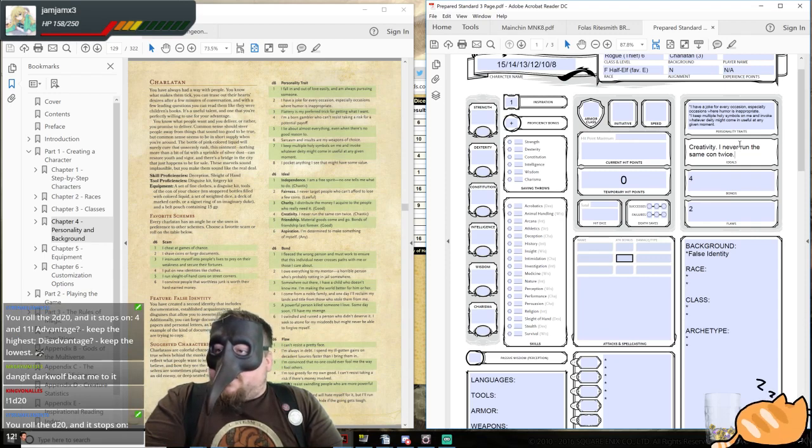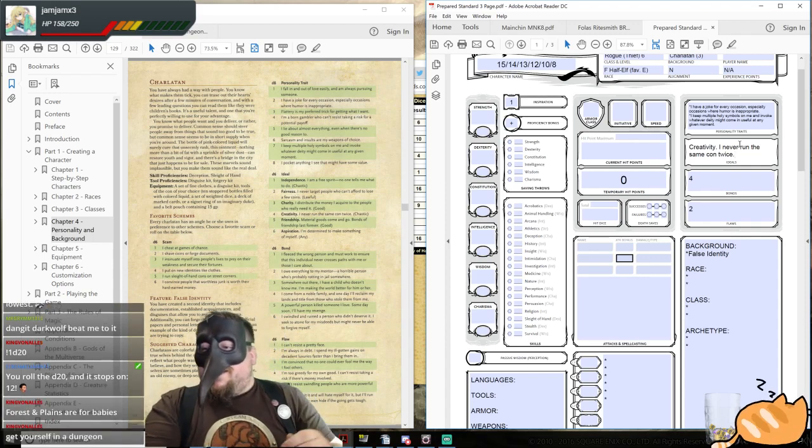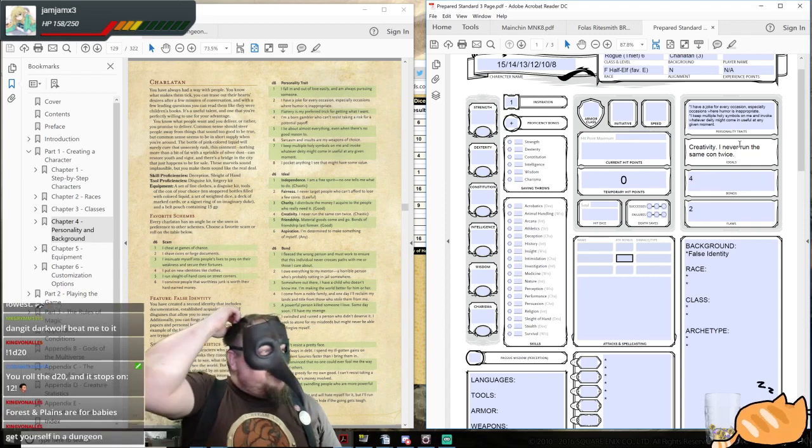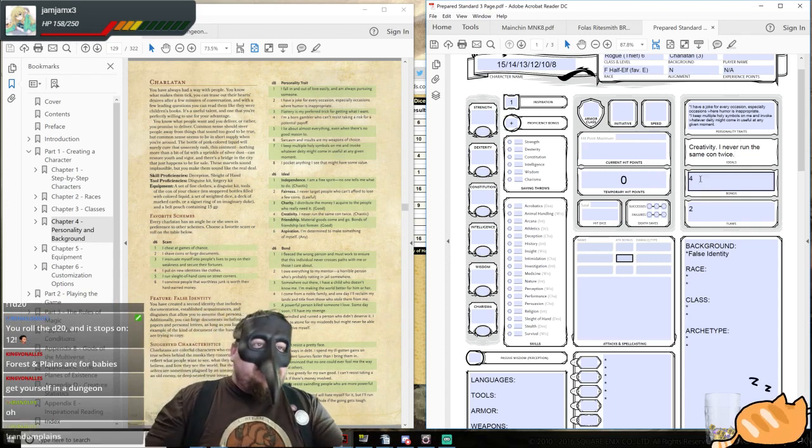Oh, Dark Wolf, sorry. Chris, you won't have enough experience points just yet to be able to go into the tomb. Yeah, that's... Forest and Plains are for babies. Yeah, those are the easier ones to go through, Chris.